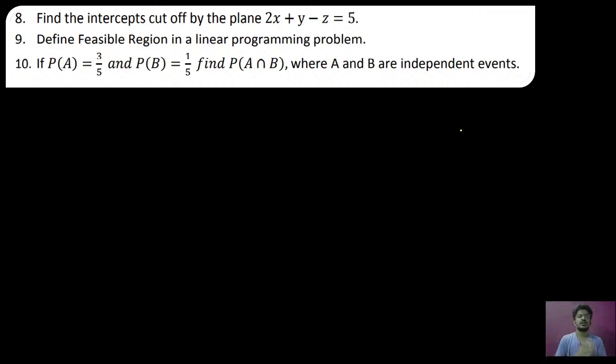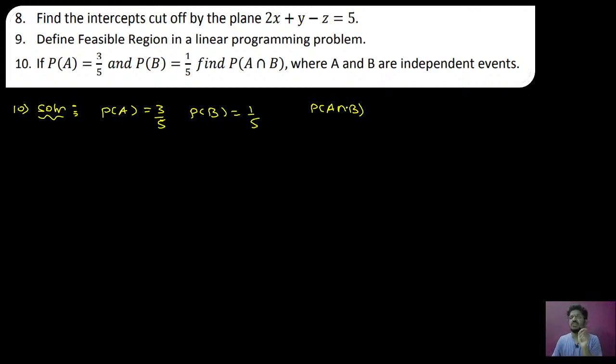Clear? Okay, now quickly we can move to the 10th problem. You can see P of A is 3 by 5, P of B is 1 by 5, and now we have to find P of A intersection B, and it is given that A and B are independent events.